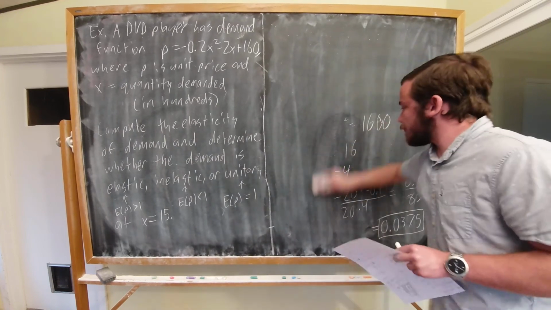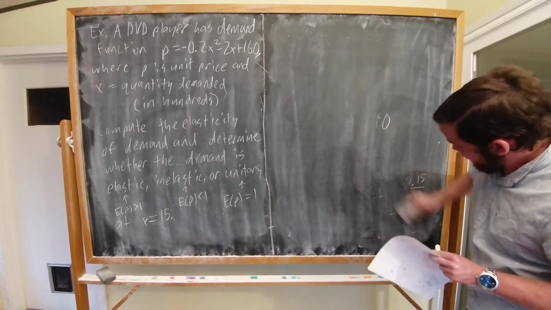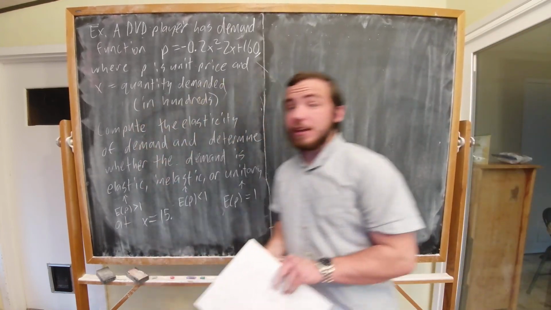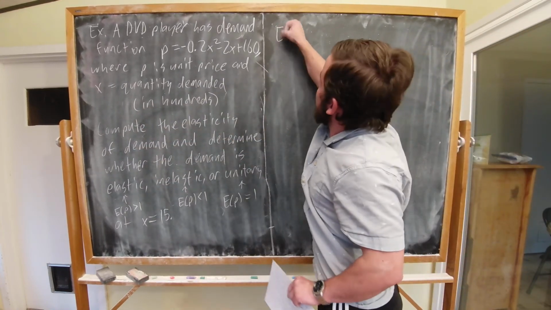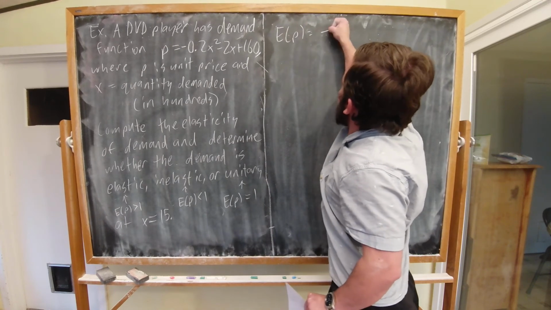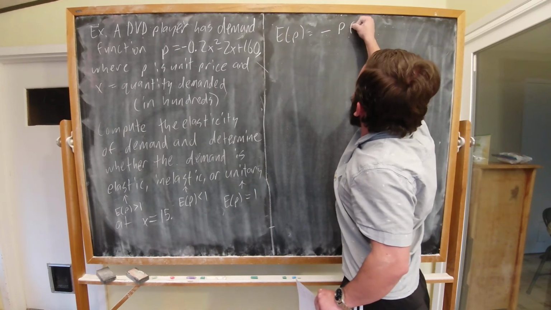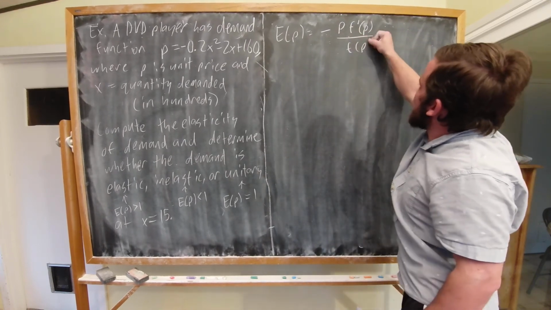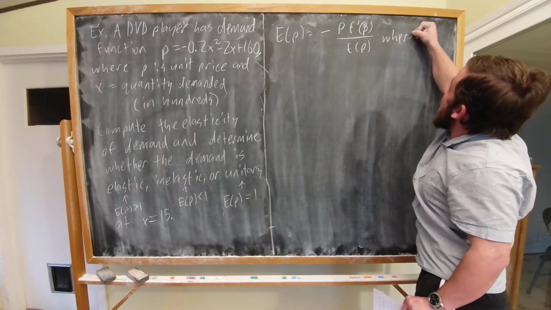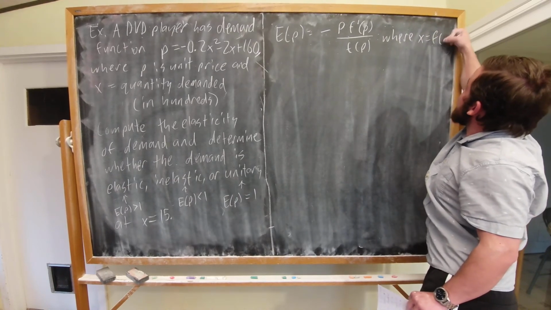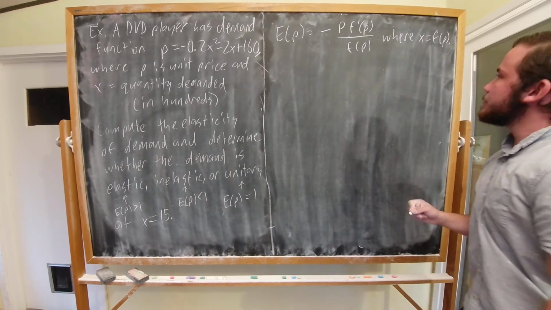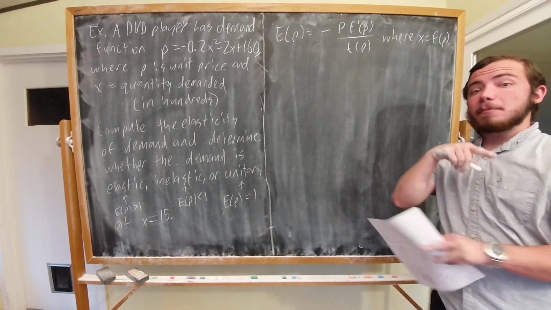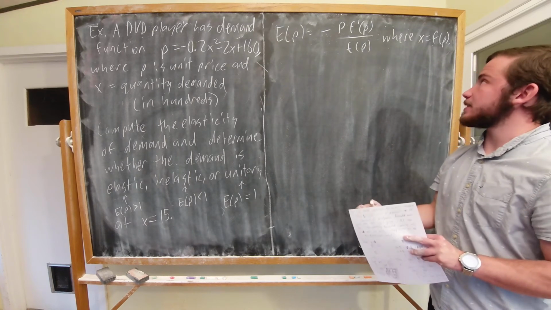Should also probably write down the formula for elasticity of demand once more. The formula for elasticity of demand is E of P is equal to negative P times F prime of P over F of P, where X is equal to F of P. Alright, so not quite a related rates problem, but it's going to use similar techniques.